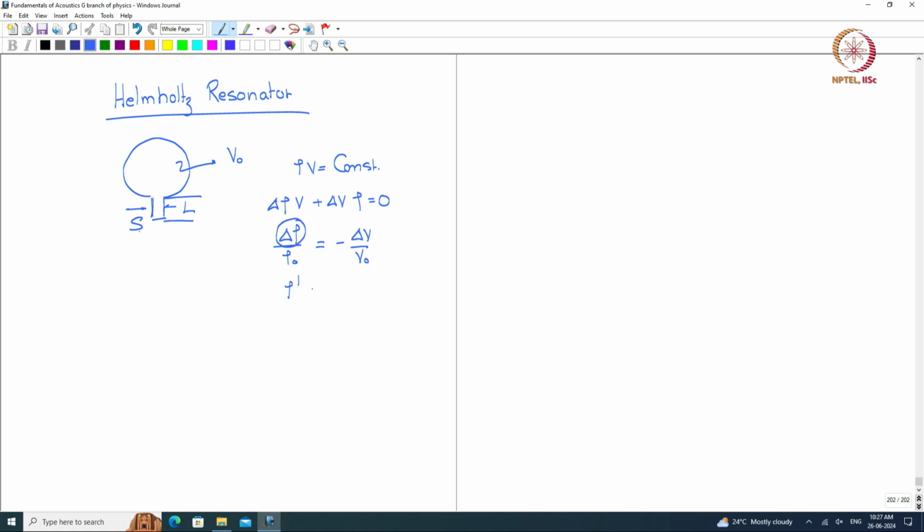So, we will say rho dash is equal to minus rho 0 delta V by V0.